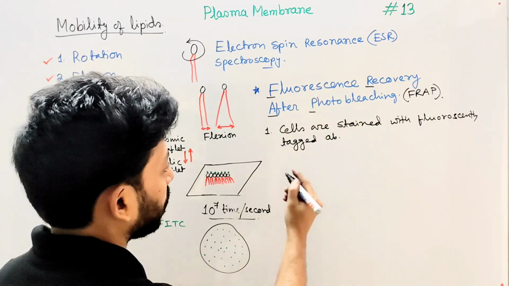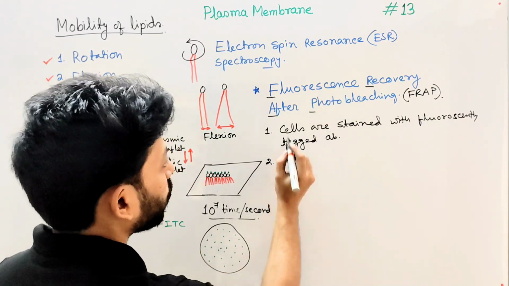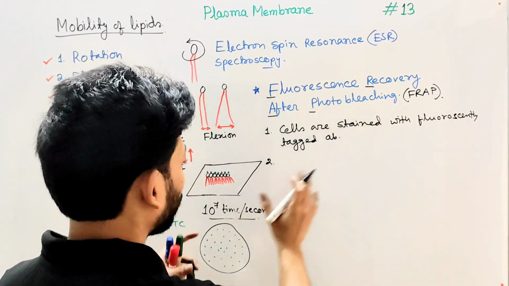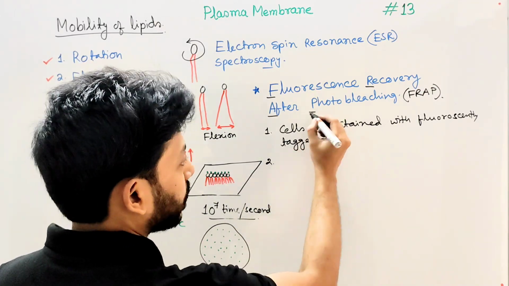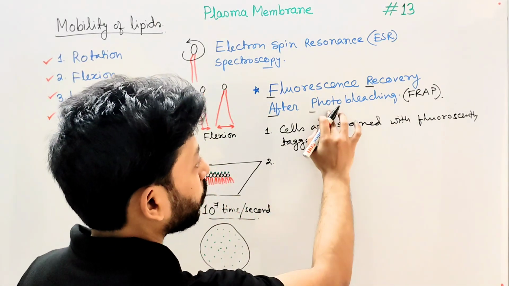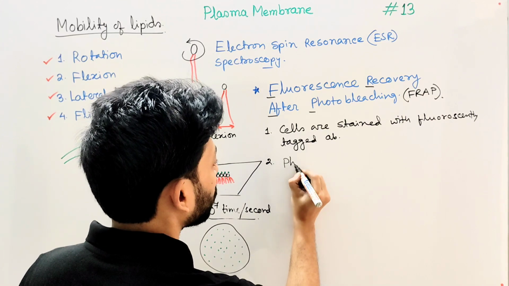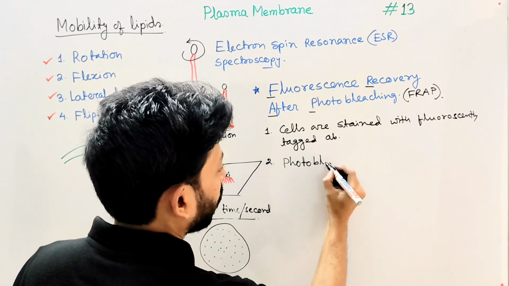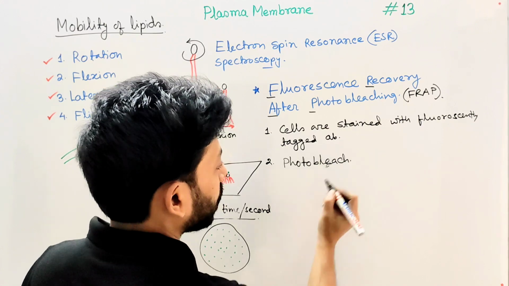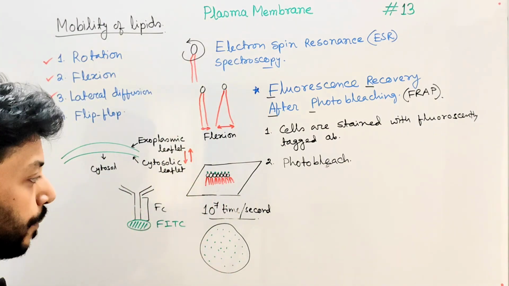Second step of this technique: so we have fluorescently tagged these cells. Now we will do another step called photobleaching. We will photobleach these cells. What will happen?